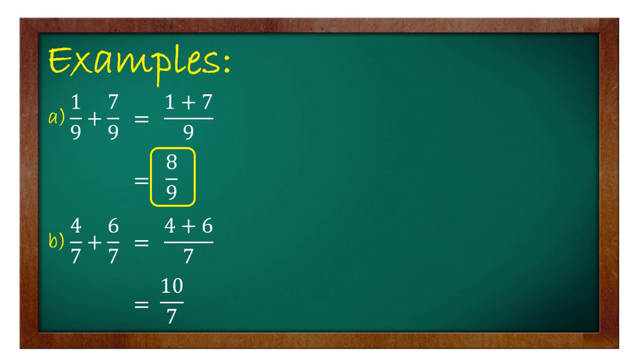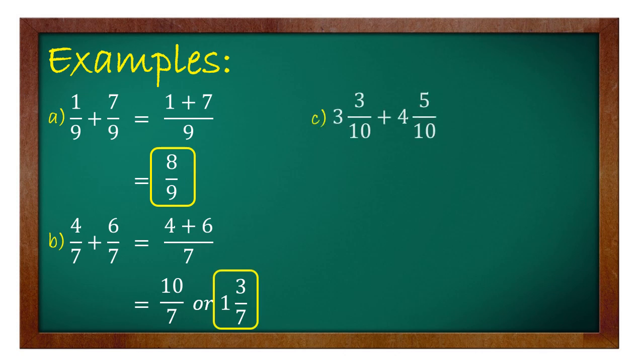So, ibig sabihin, we just simply divide 10 by 7 and then whatever the remainder is, yun yung magiging numerator natin. And then, copy the denominator. So, 10 over 7, meron tayong isang 7. And then, ang remainder natin ay 3. So, that means that's the numerator over 7. So, we have the answer as 1 and 3/7.